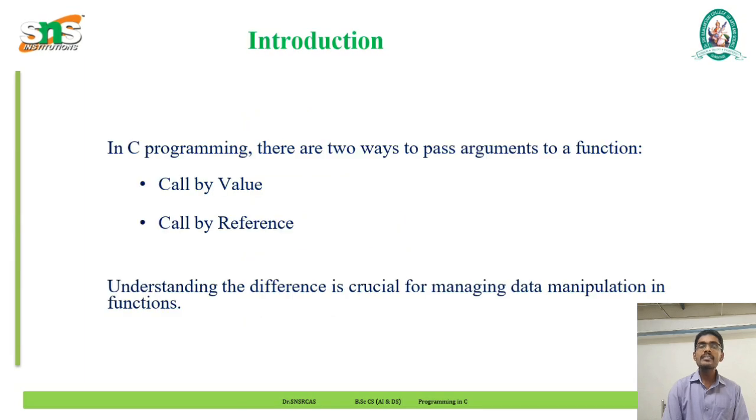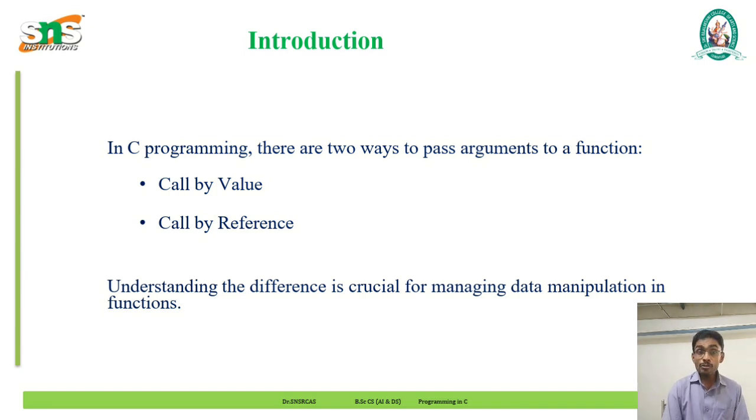So here is the base idea: what is call by value and what is call by reference. Basically in C programming there are two ways of passing arguments to a function. As we discussed already, there are four categories of functions. Functions without argument have two categories, and functions with argument have two categories.